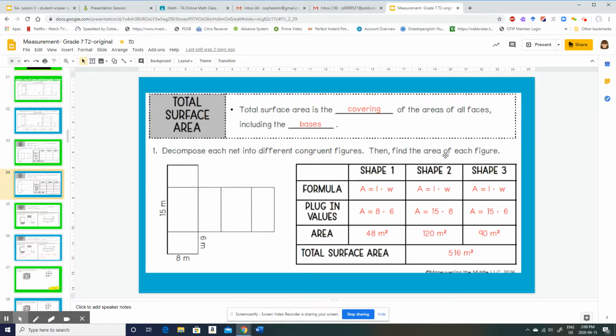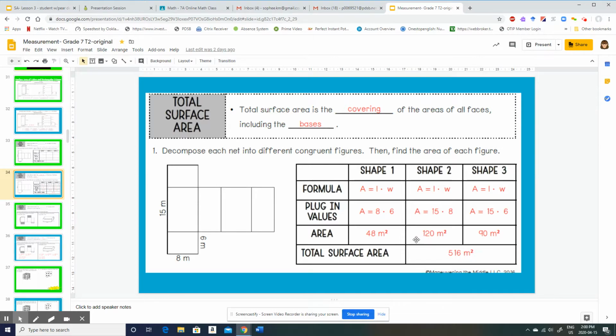So the bottom part of my rectangular prism, 8 times 6 is 48 meters squared. Now in this formula, what is not clear to some people is that this is just giving you 3 shapes, but I have 6 shapes. So I need to double my answer to get the correct answer, which is 560 meters squared.